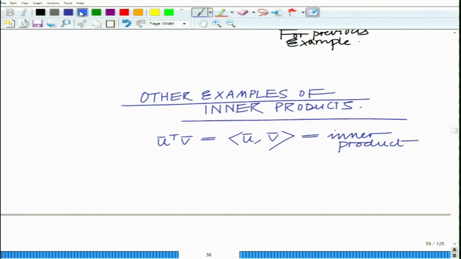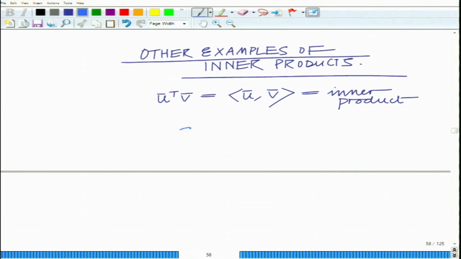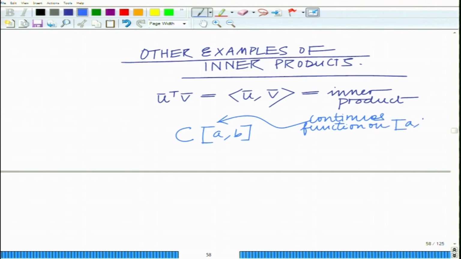Now, another interesting application of inner product is, let us consider the space of continuous functions on an interval a comma b, denoted by C of a comma b, that is the set of continuous functions on the interval a comma b, and let us say we have two functions f comma g which belong to C of a comma b.